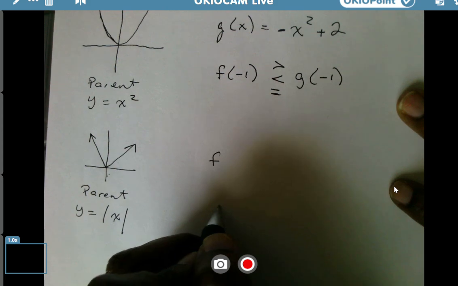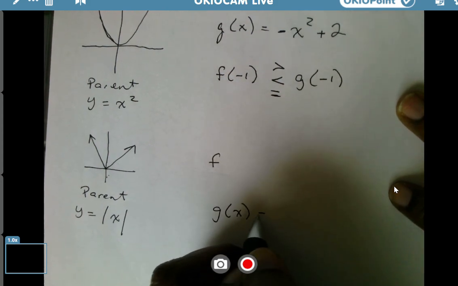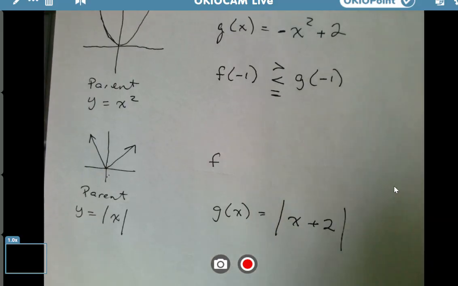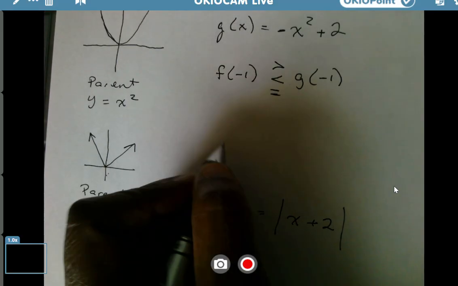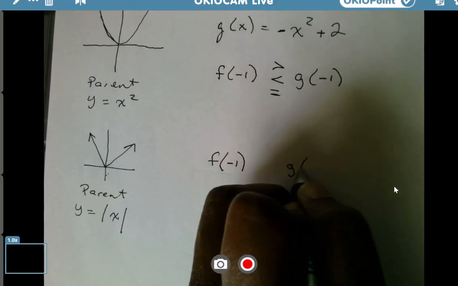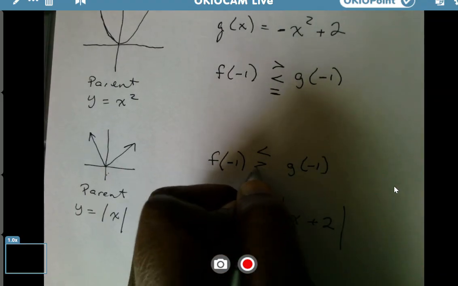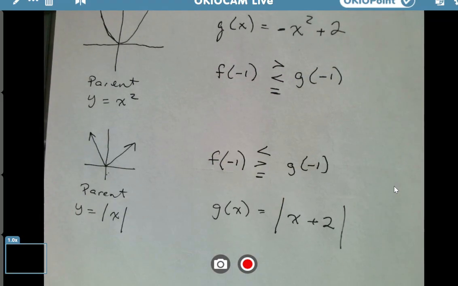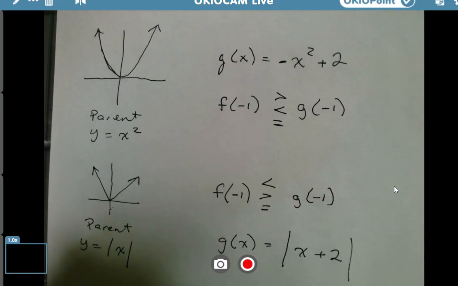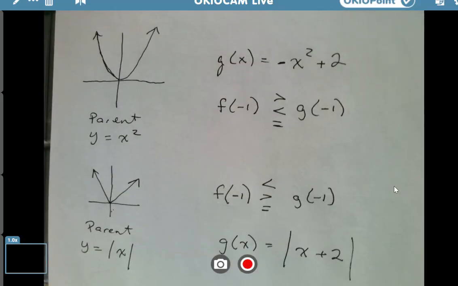This parent compared to g of x equals the absolute value of x plus 2 on the inside of the absolute value bars. And we're going to compare this one at negative 1 as well. Greater than, less than, or equal to. I'm just choosing these numbers, this negative 1. We can evaluate f of 0. The important thing is that we know how to evaluate it.